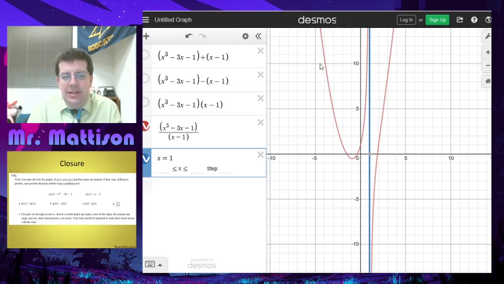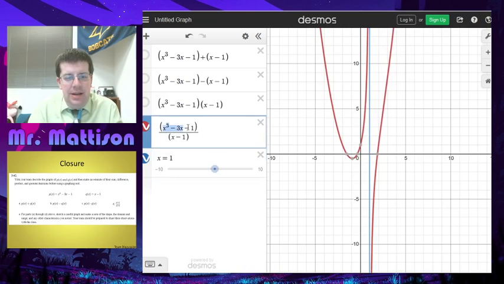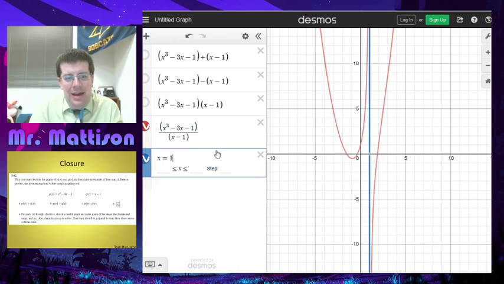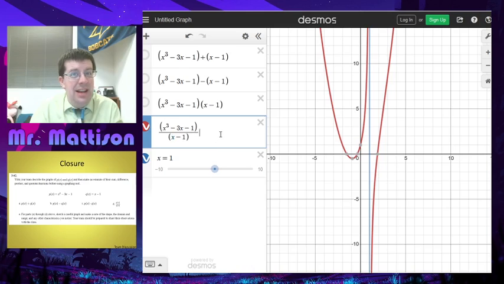The difference is this is a more complex graph because this top is more complex than we've seen in the past. I want to throw you one little hint here to help you see what's going on. X to the third, if I divide x to the third by x, I would get x to the second. X to the second is a parabola, which has a shape that goes down and then back up.